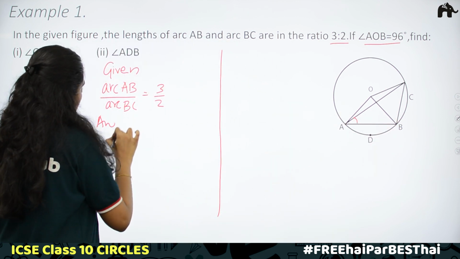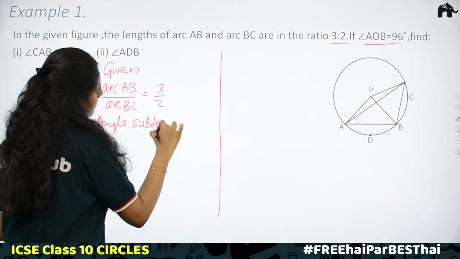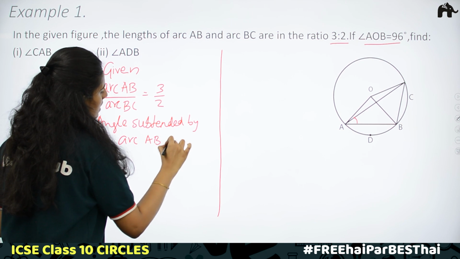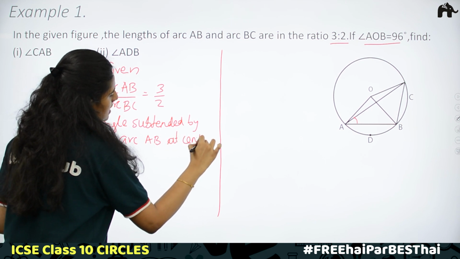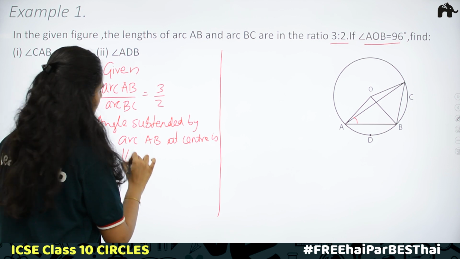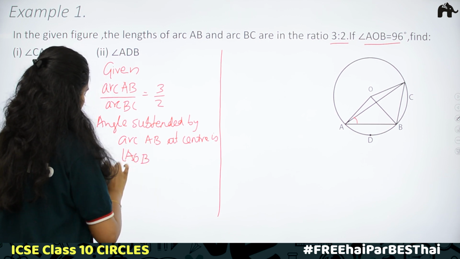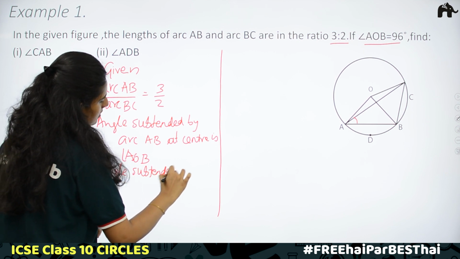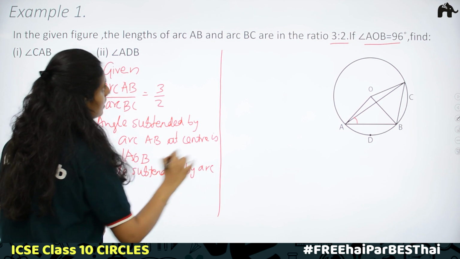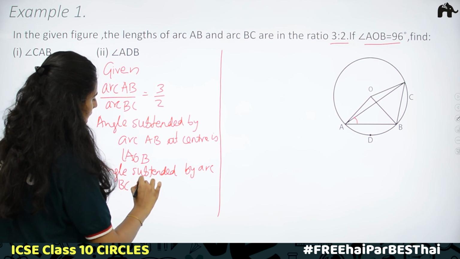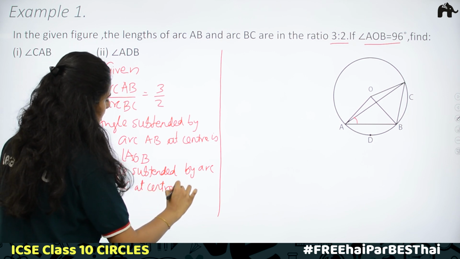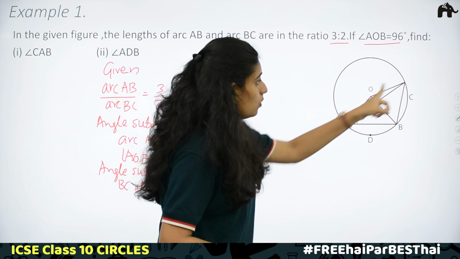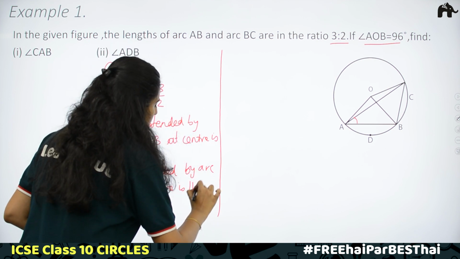The angle subtended by arc AB at the center is angle AOB, and the angle subtended by arc BC at the center is angle BOC.